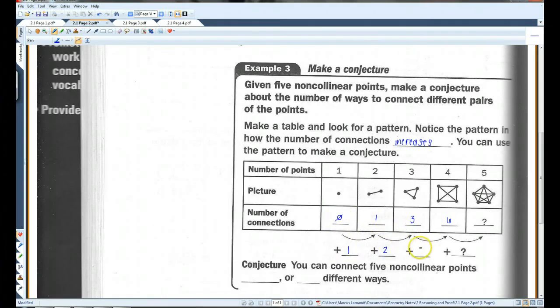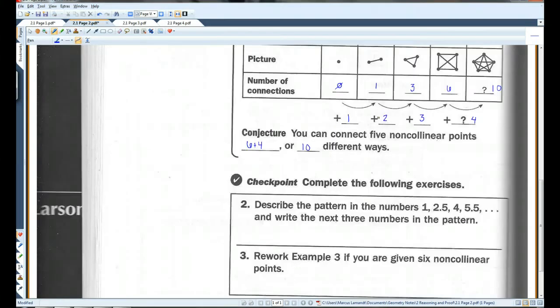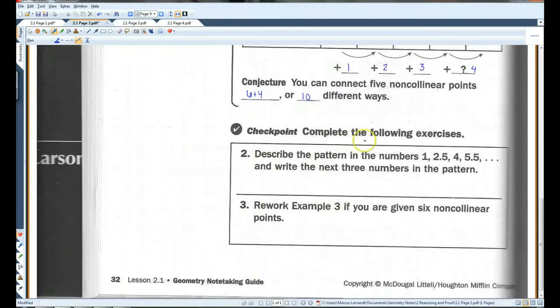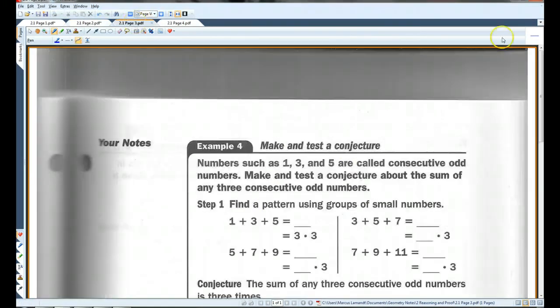From here to here, we add 3. Probably, we're going to add 4 to this one and get 10. So, you can connect 5 non-collinear points 6 plus 4, or 10 different ways. Alright, I'm going to let you guys do this checkpoint. Let's go on to page 3.